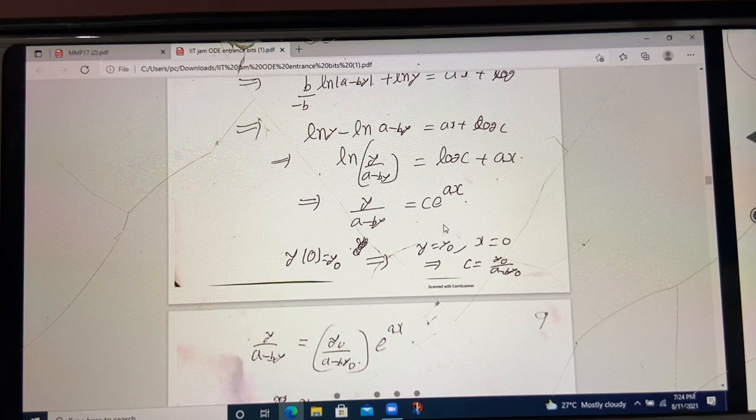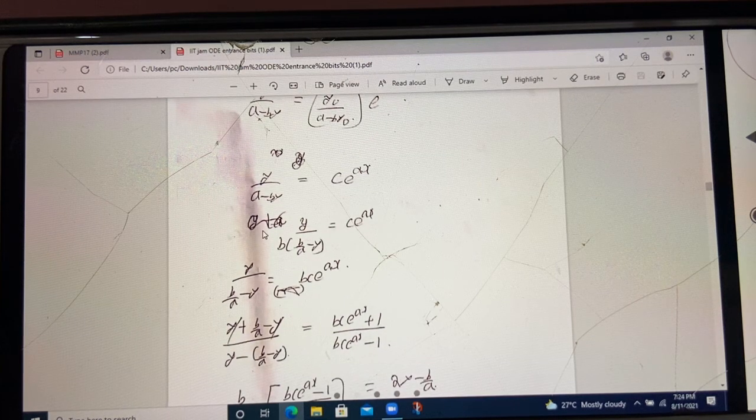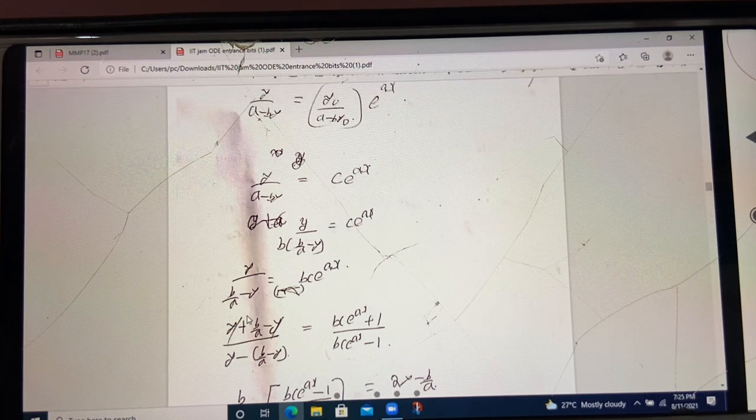Substitute back in the equation. Now, what is our problem? We have to find y when x goes to infinity. Now, simplify. Take b common, b by a minus y, c e power ax. Y by this is equal to bc e power ax. Apply componendo and dividendo. What is componendo and dividendo?